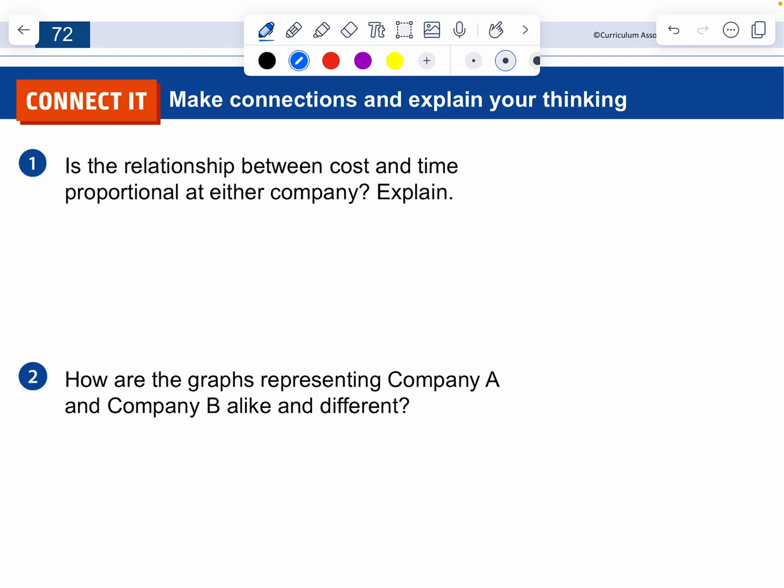So in connected, is the relationship between cost and time proportional at either company? We already did that. Yes, at A, right? Company A. And then how are the graphs representing Company A and Company B alike and different? What did we notice? They both have a straight line.